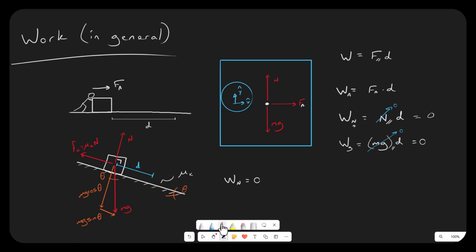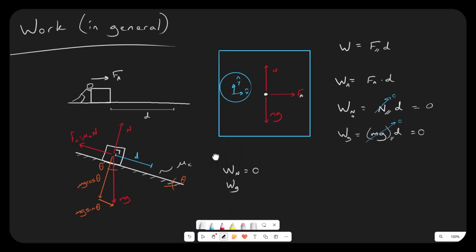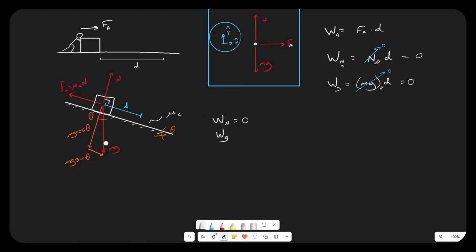The work done by gravity is going to be equal to the parallel component to my displacement. My displacement is going to be down the ramp. My parallel component is this guy. So I'm going to get an mg sine theta times d.